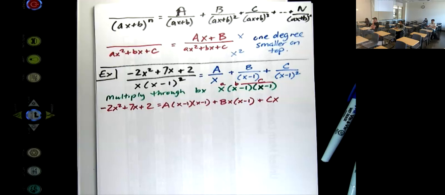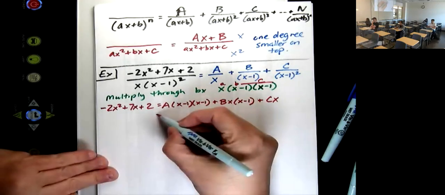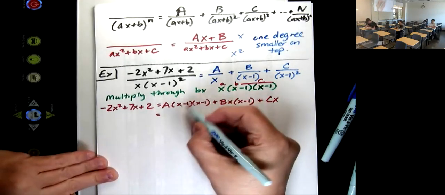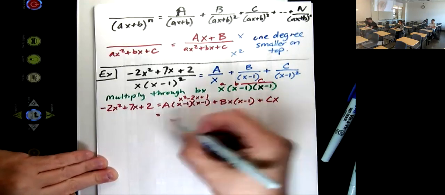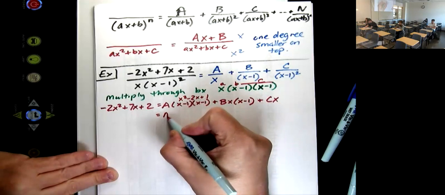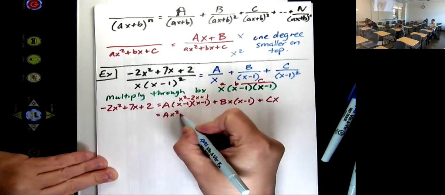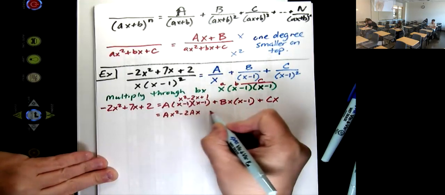All right, so again, we have to multiply this all out. So this is x squared minus 2x plus 1. If I do a times that, I have ax squared minus 2ax plus a.